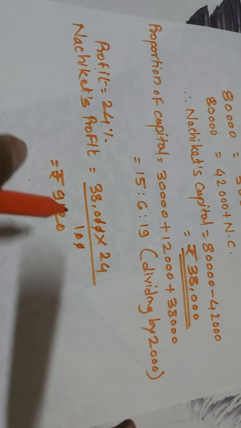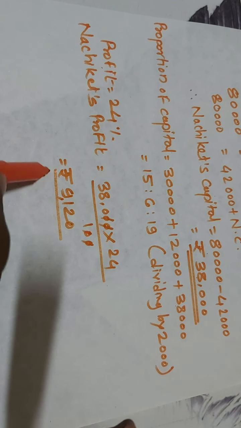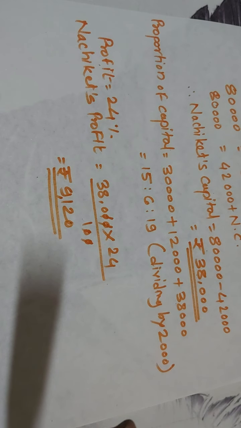So we got Nachiket's profit, that is rupees 9,120.